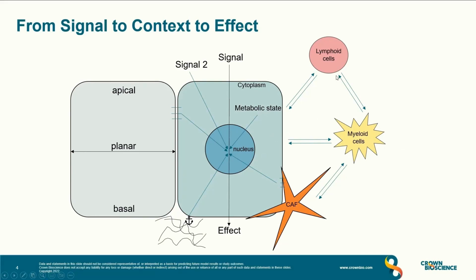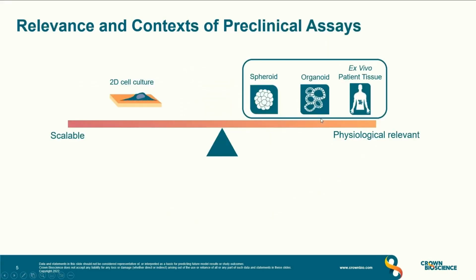So in this talk, I will mainly focus on the three cell types on the right, so the cancer-associated fibroblasts, the myeloid cells, and how to model these in vitro to study both cancer drug development and lymphoid activity in the sense of immunotherapies.